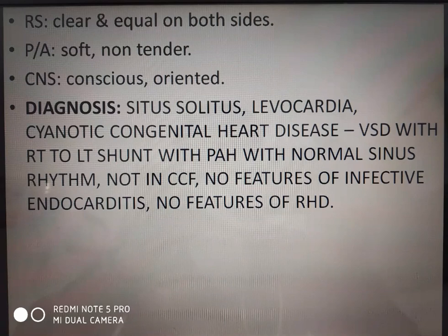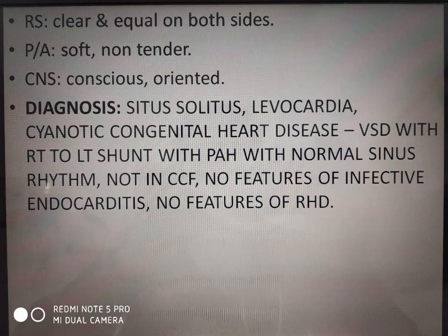Sir, one more doubt. When we describe a continuous murmur, or if it's a PDA without Eisenmenger and we are describing the continuous murmur, what do we say about the second heart sound in that case? That second heart sound was not heard. Then you should say that the second heart sound is not audible because the sound is engulfed inside the murmur.